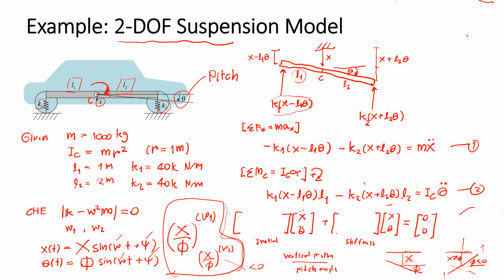But if x is less than 0, if the car bumps upward, the pitch angle may be bigger than 0. The physical meaning depends on the sign of this. You need to derive and obtain the numerical value so that you can expand it with the physical meaning.